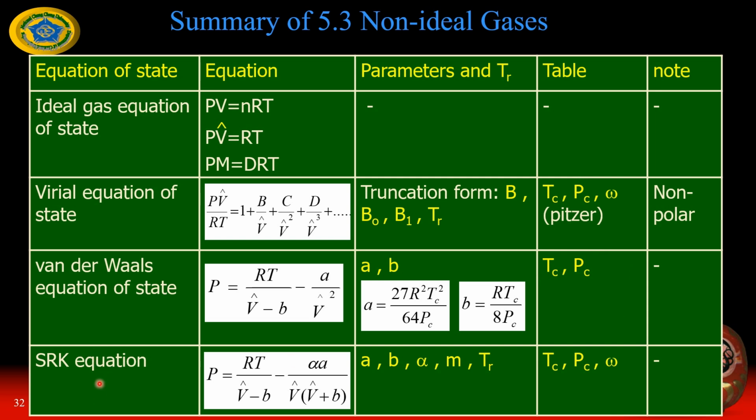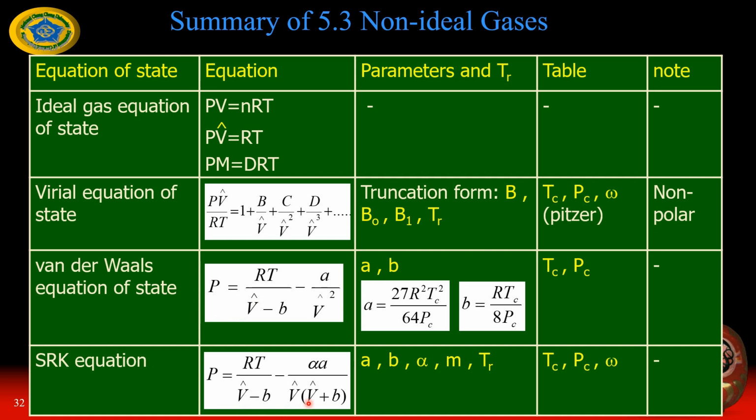Right, and then the last one, and we gave you some examples on Monday, is the SRK equation. So the SRK equation, again, is a kind of modification of this van der Waals equation, right? So these two are also called cubic equations of state, because these are related to the cubic of the volume.